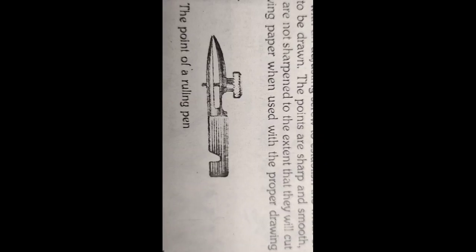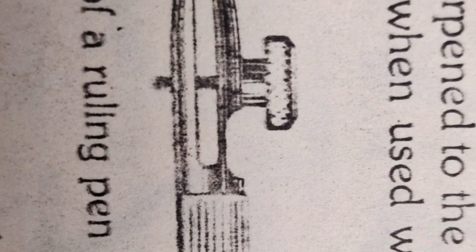Ruling pen. The point of a typical ruling pen is shown in this figure. It consists of two flattened points mounted together with an adjusting screw to establish the width of the line to be drawn.